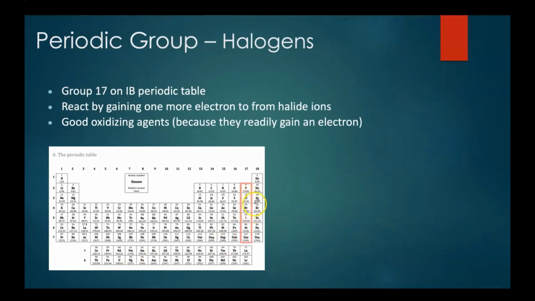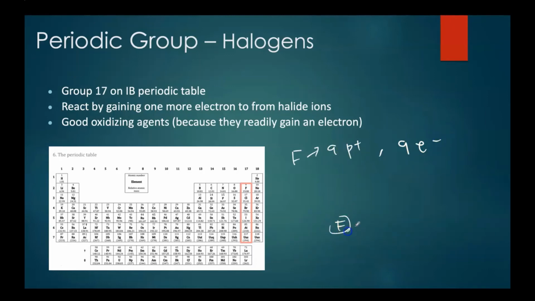Halogens react by gaining one more electron to form halide ions, and they're good oxidizing agents because they readily gain an electron. Let's talk about fluorine. Fluorine has 9 protons, which means a fluorine atom has 9 electrons, right?